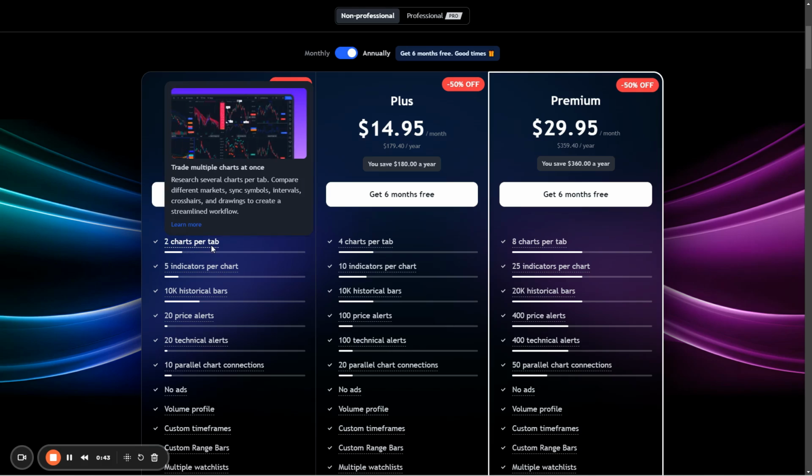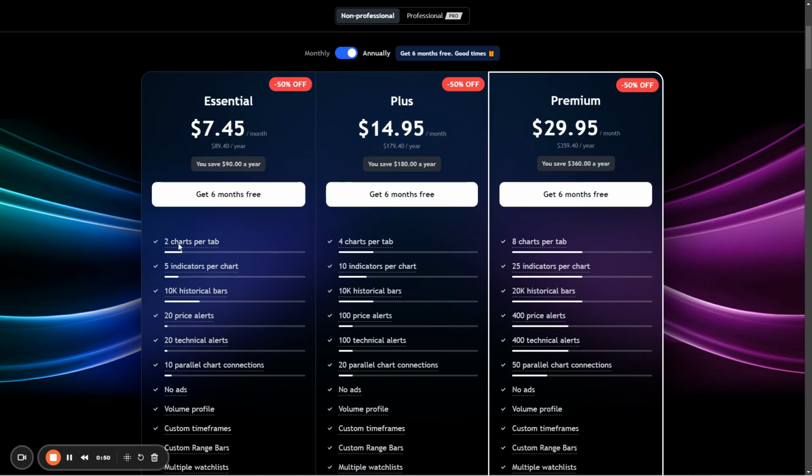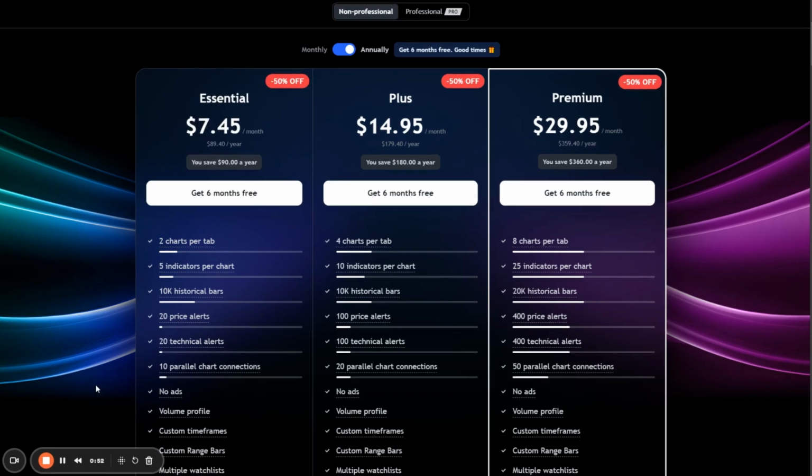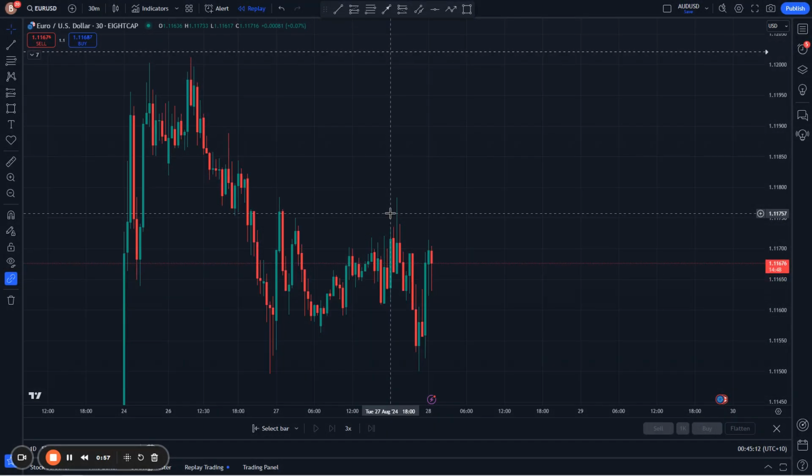Well, it's extremely simple. Let me go over onto an actual TradingView chart to show you what 2 charts per tab means. So over here, we have 1 chart per tab, meaning that I have 1 TradingView open in my Google Chrome, right, on 1 tab. So here we can see it's Euro USD.